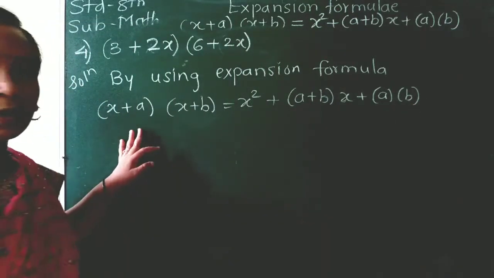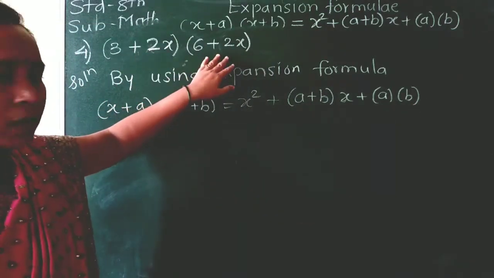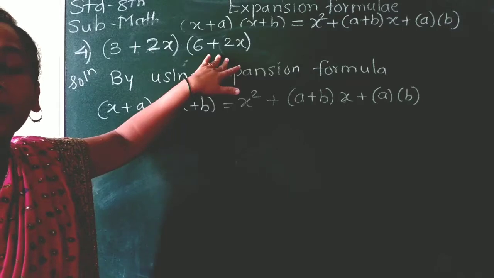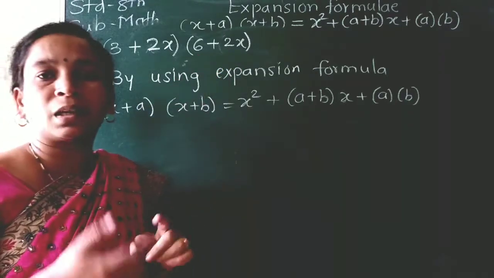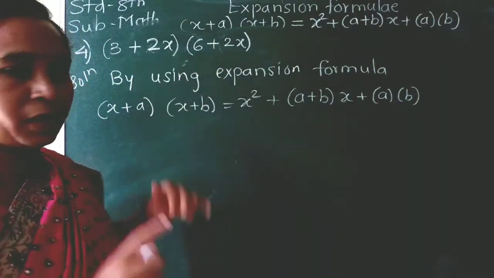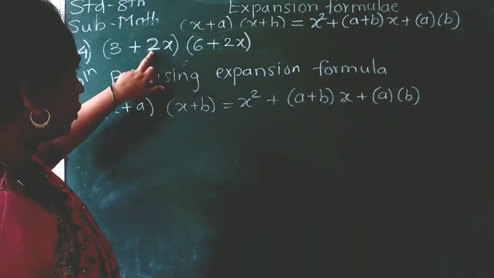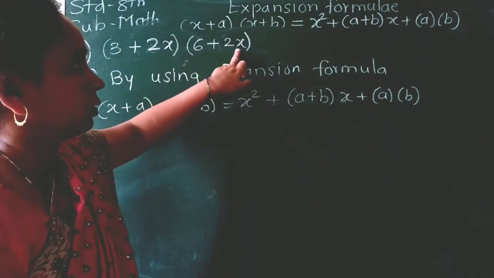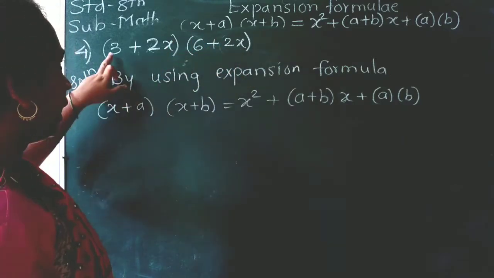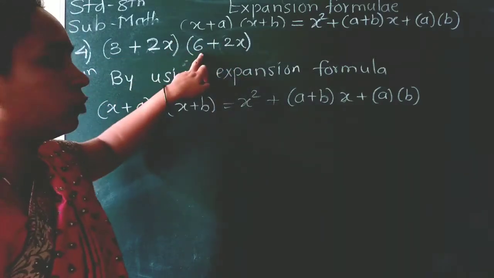Here if you observe, these are binomials with a common term, but the common term's place is replaced. Instead of the first term, it is given at the second term position. Now what is the common term? 2x. And what is a? a would be 3 and b would be 6.